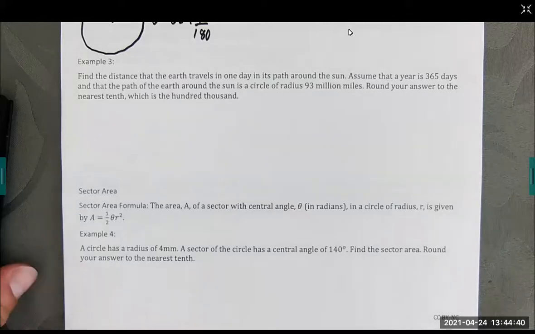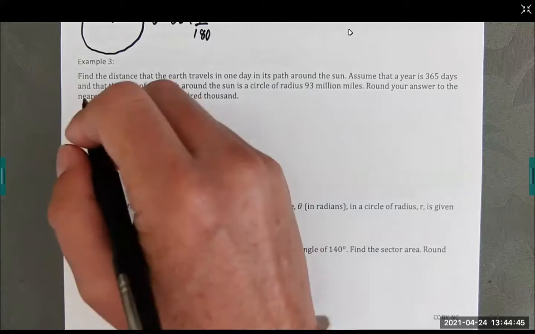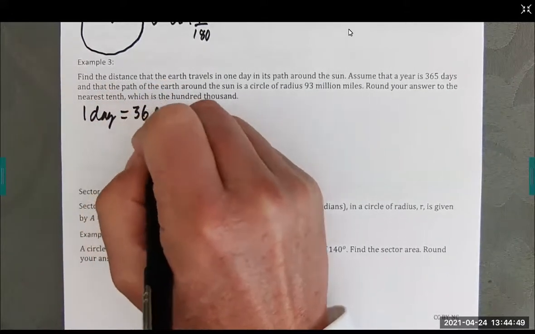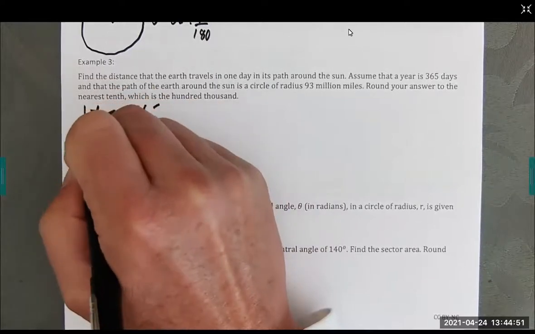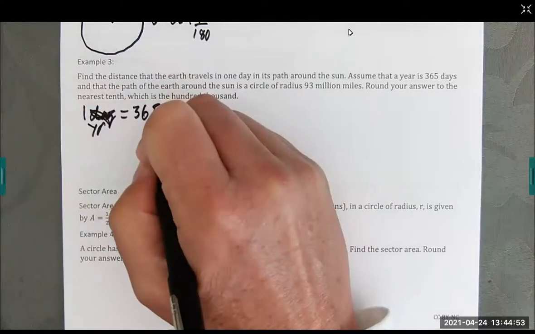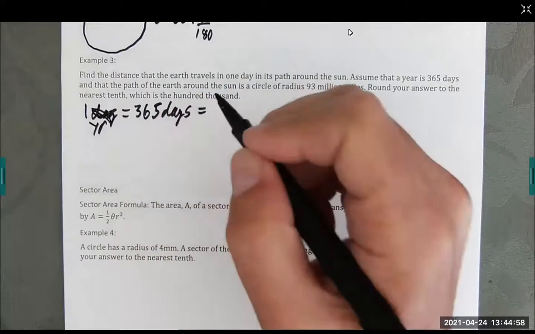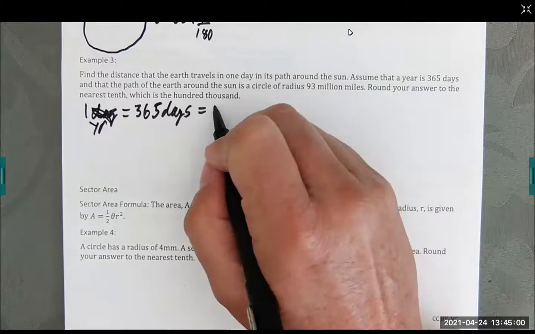All right, so first thing I need to do is figure out what the angle is in one day. We know that 1 year is 365 days, in which the Earth goes around the sun in a full circle, which we know is 2 pi radians.